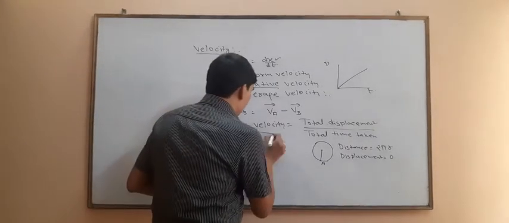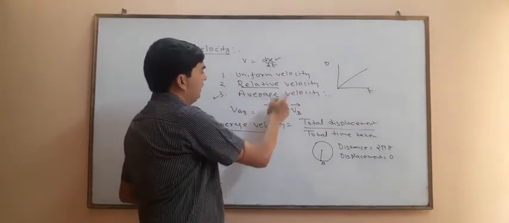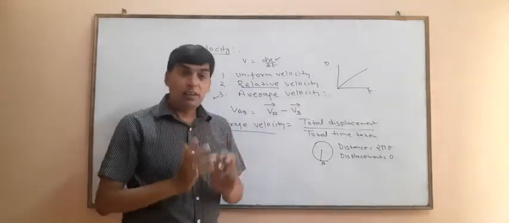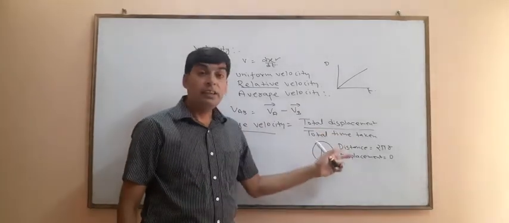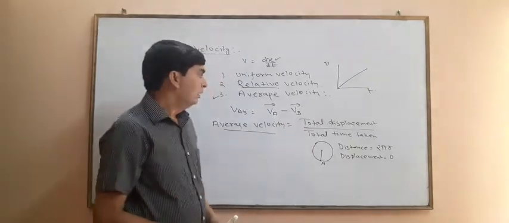So these are the basic differences between uniform speed, relative velocity and average velocity. We are talking about vector quantities here, whereas in the case of speed we are talking about scalar quantities.